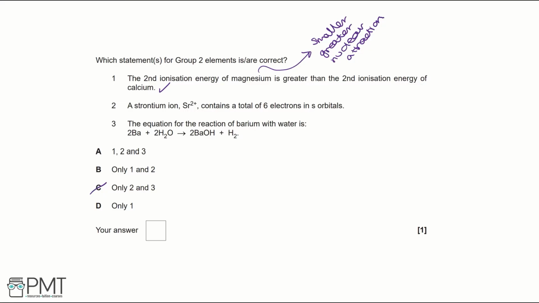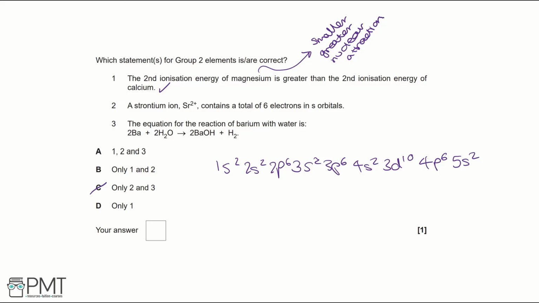Then looking at number 2, strontium ion Sr2+ contains a total of 6 electrons in s orbitals. So if we write out the electron configuration for strontium first, that's going to be 1s2, 2s2, 2p6, 3s2, 3p6, 4s2, 3d10, 4p6, 5s2.